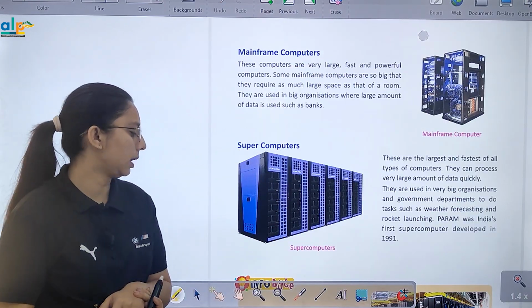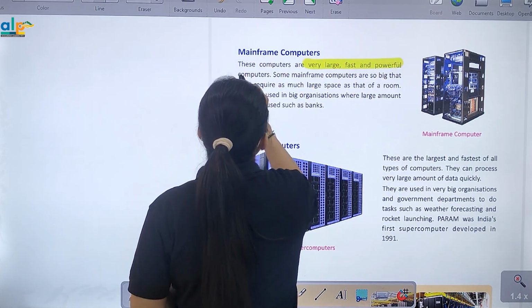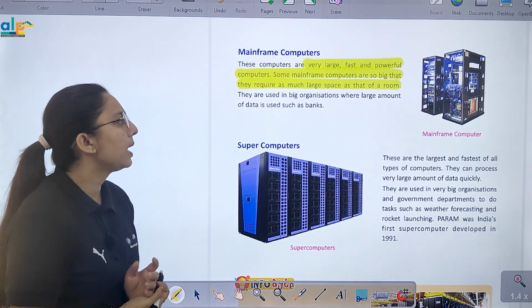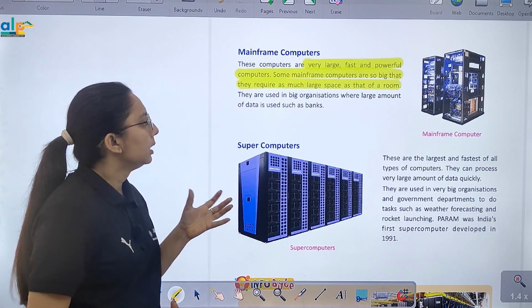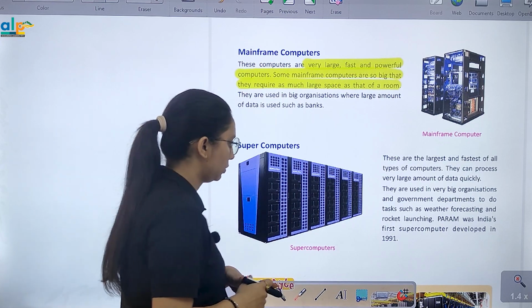Then we have mainframe computer. What is a mainframe computer? They are very large, fast and powerful computers. Some mainframe computers are so big that they require as much space as a room. मतलब बहुत बड़ा होता है, पूरा room की need होती है. Then we have supercomputer.